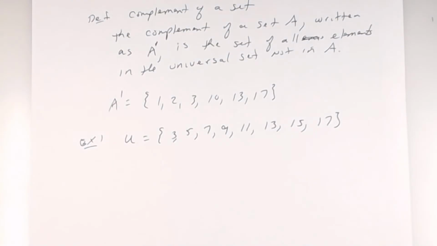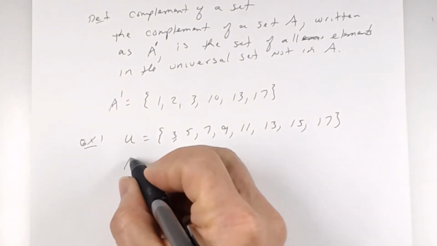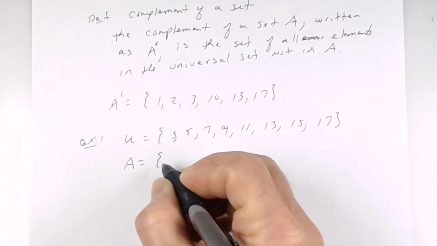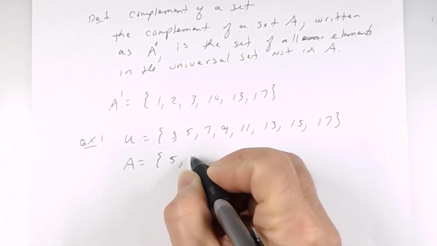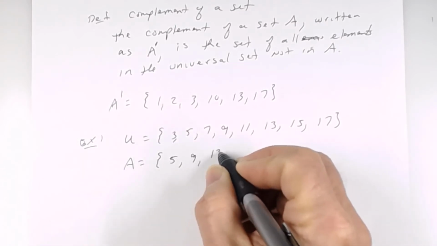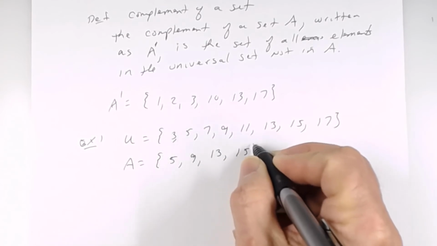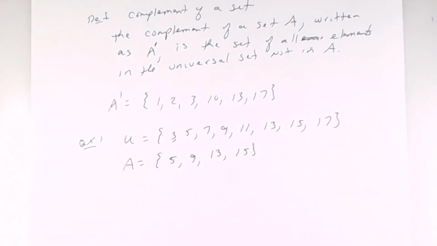So that's my universal set. And let's suppose that set A is 5, 9, 13, 15. Okay?